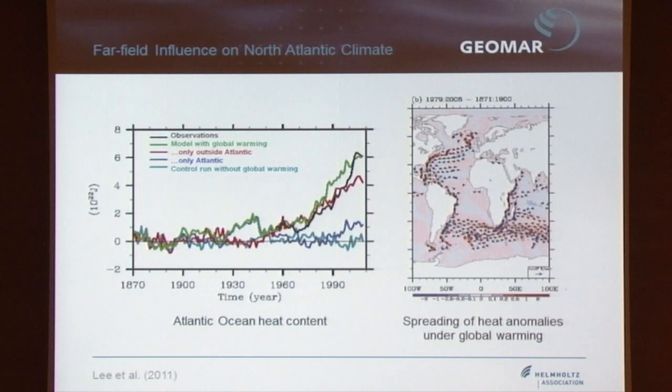And quite recently, we have seen some other evidence for the importance of the Agulhas leakage.